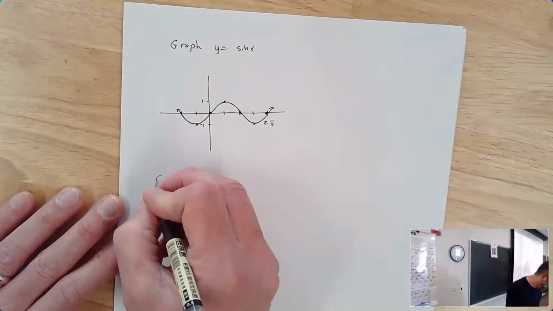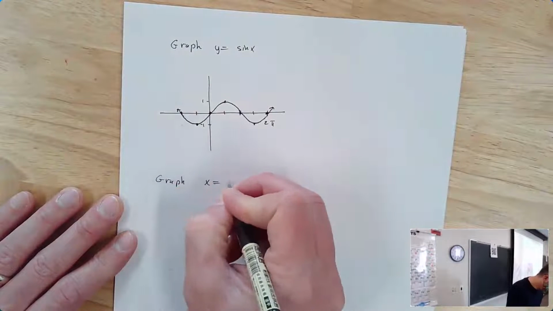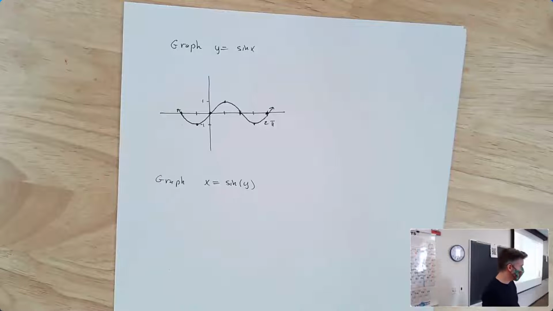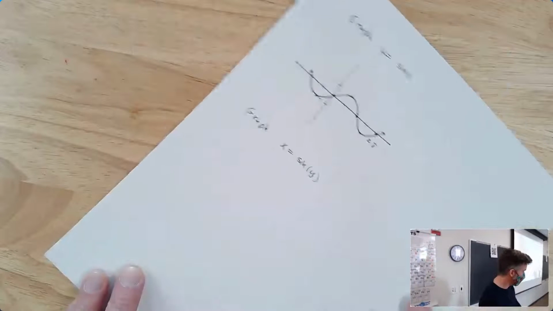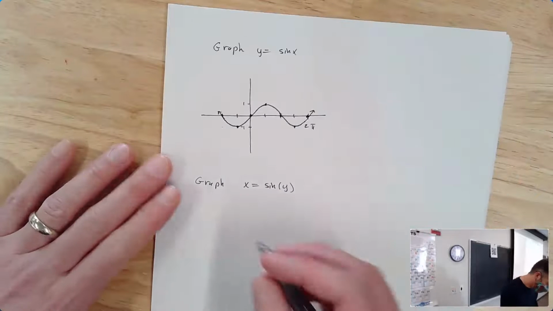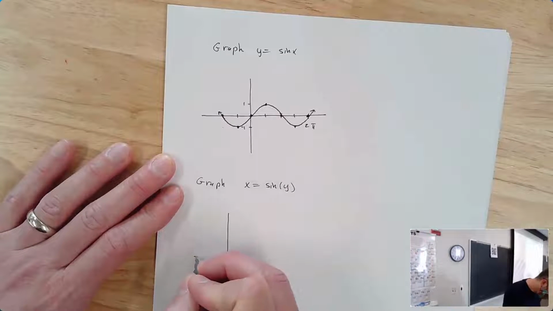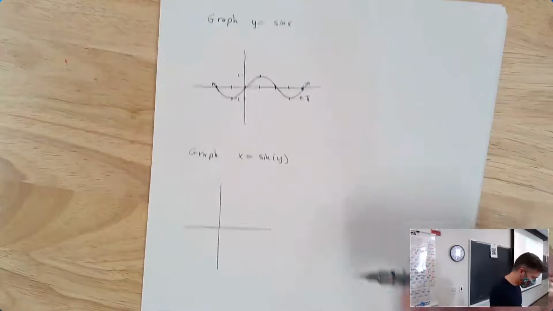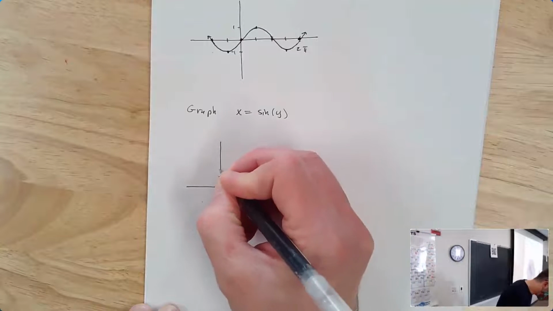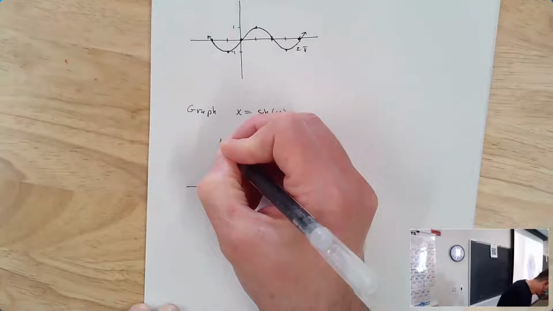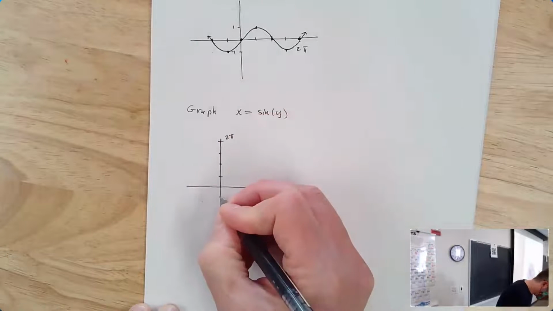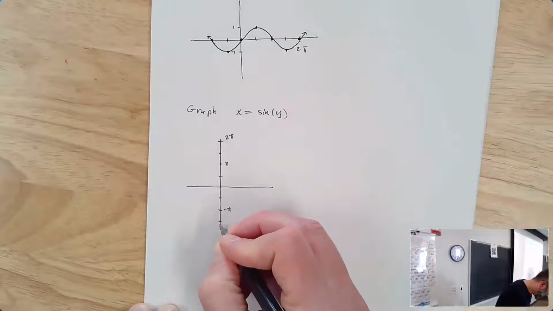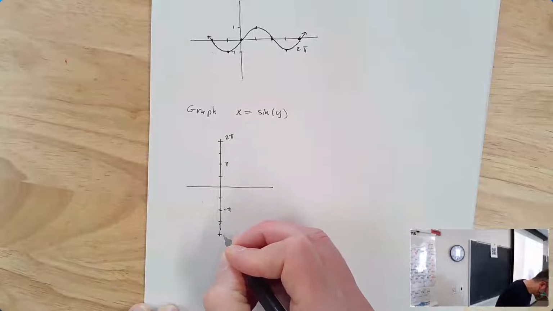So if I graph x equal to sine of y, I'm really just changing my axes. So I would actually turn my paper this way to do it. Instead of having the pi values on the x-axis, I'm going to have the pi values on the y-axis. So I'm going to have π/2, π, 3π/2, 2π, and -π/2, -π, -3π/2, -2π.